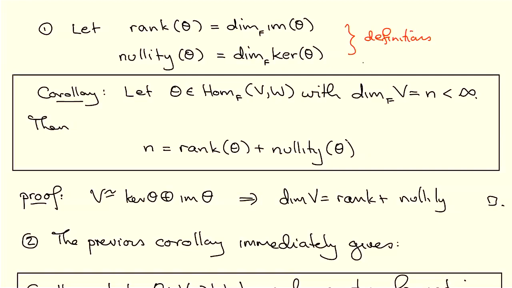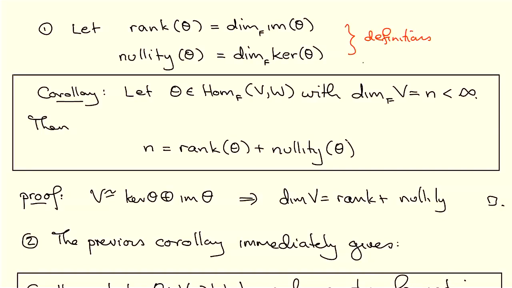Wait, you just said this is like a corollary, but you said sometimes the theorem is stated like this. Are this one and the original one equivalent basically? Sort of, but not quite, because this one insists on saying that the dimension is finite. But if you knew the dimension was finite and these two dimensions add up, remember we had a proposition that said being an external direct sum was equivalent to having the dimensions add up.